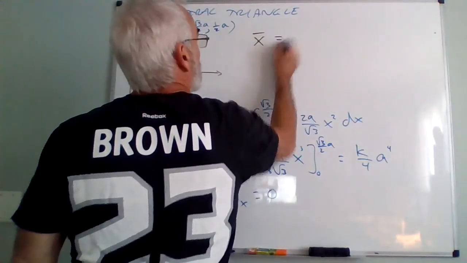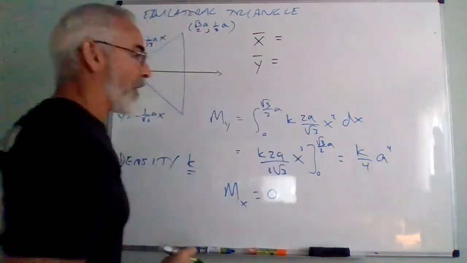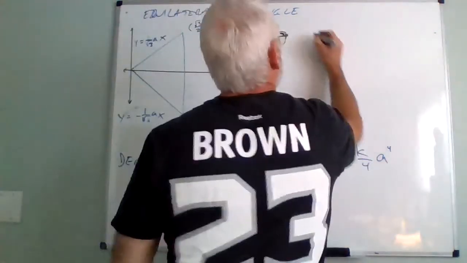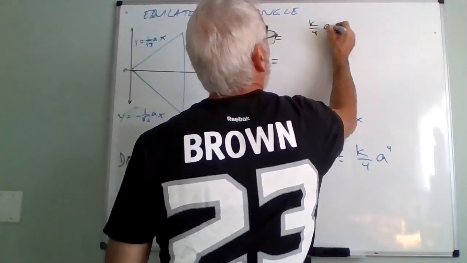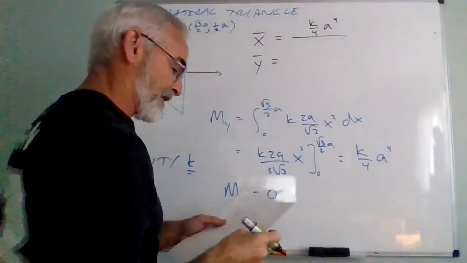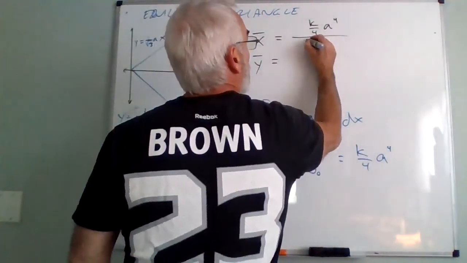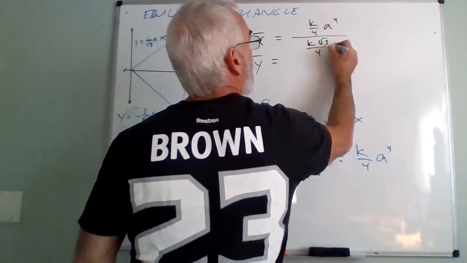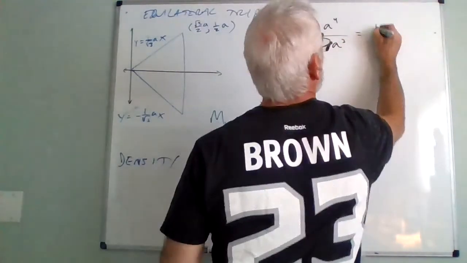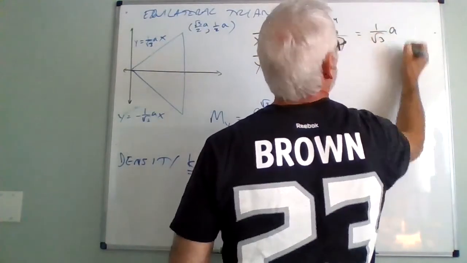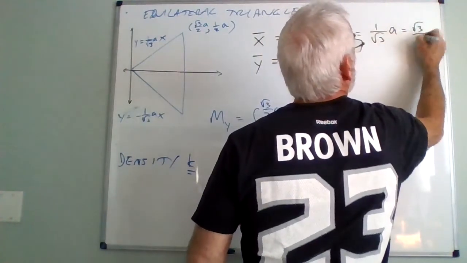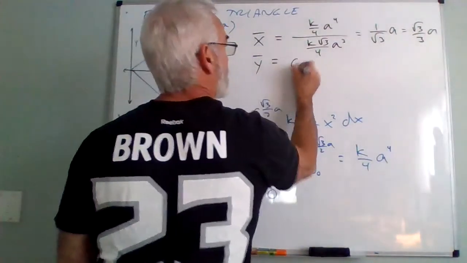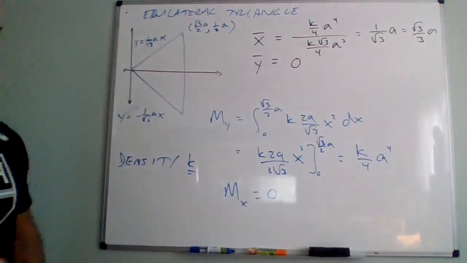So x bar, if you remember, is the my over the mass, which is k over 4 a to the 4th over k root 3 over 4 a cubed. And that turns out to be 1 over root 3 a, or if you want, root 3 over 3a. We might find that last form a little bit more useful. Y bar is 0 because mx was 0.